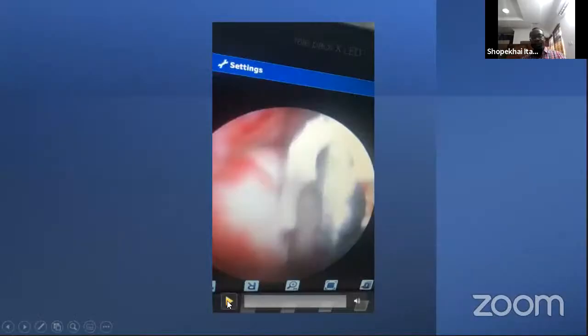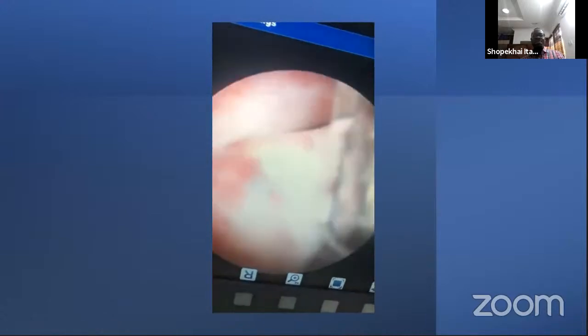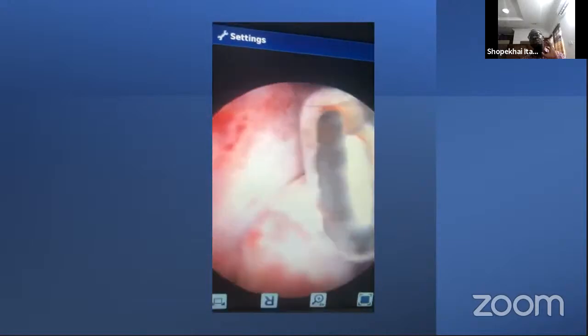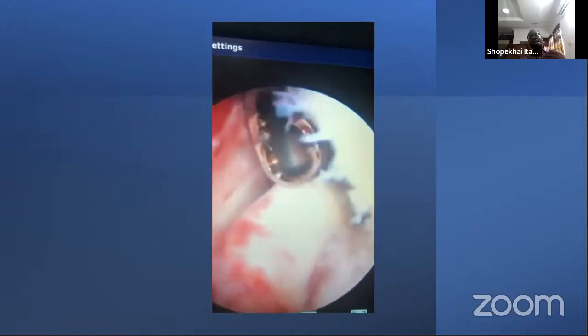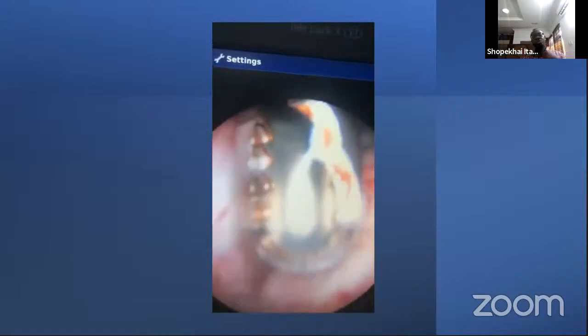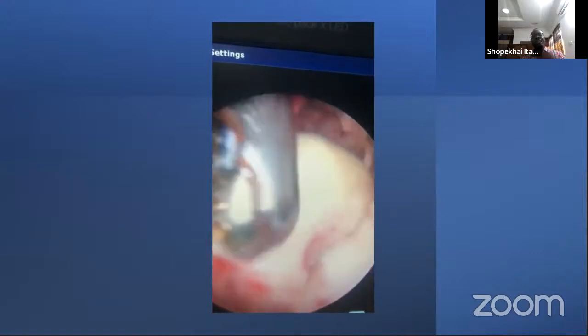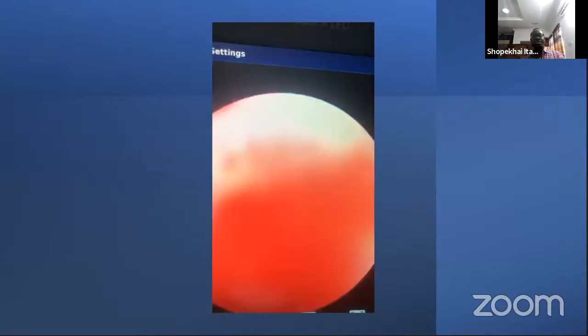In this image, you would see that is a biceps tendon, it's very inflamed. And you can see we're looking from the posterior portal, that's coming from the anterior portal, and that is a shaver, and you're debriding the biceps tendon all the way down to the superior labral region. And that is coming from the rotator interval.